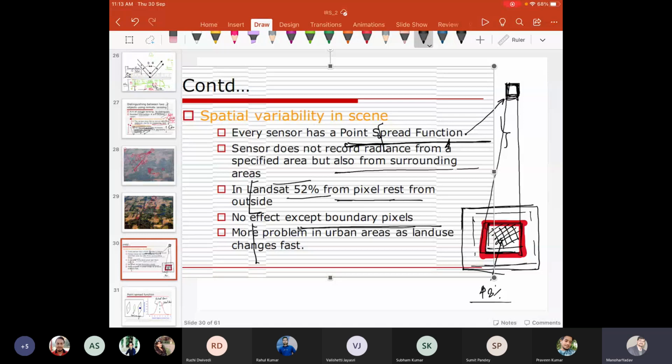When we want to demarcate very sharp changes, like identifying the building exterior, the boundary of the building, there is a very sharp change. There will be a problem due to this point spread property of the sensor, which causes it to sense even outside of the ground resolution cell area.